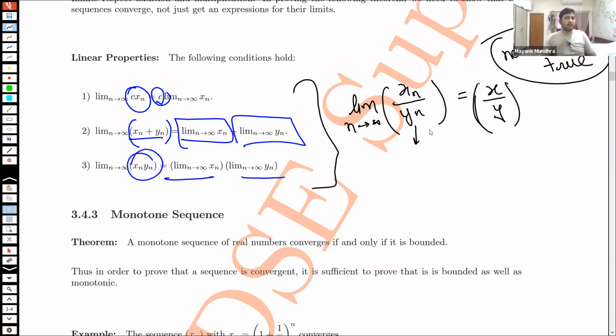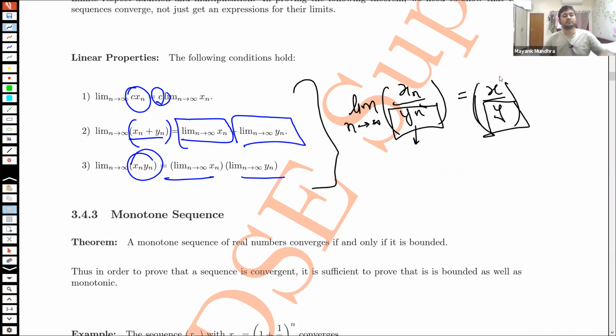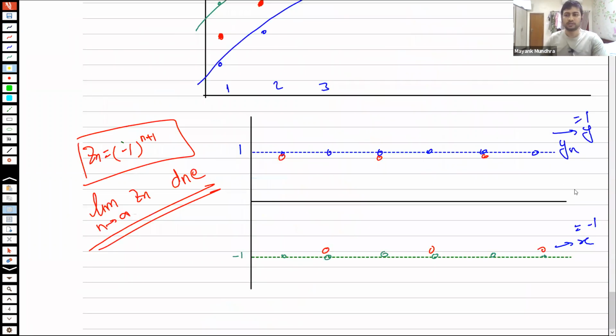So that's why I don't like zeros in the denominator. So there should be no 0 anywhere in the denominator, and then this is true. Otherwise, it can lead to a difficult situation. That's why we don't say that this general thing is true. Okay. So good. Yes, sir. Thanks.